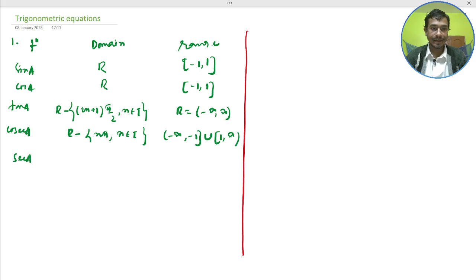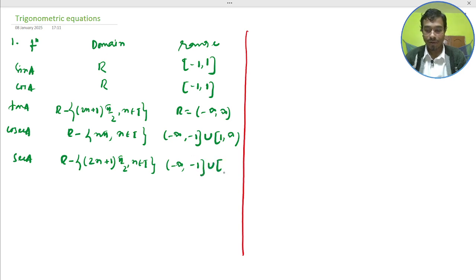Next for sec A, the domain is R minus odd multiple of pi by 2, that is (2n+1) pi by 2, n belongs to I, and the range is minus infinity to minus 1 union 1 to infinity.